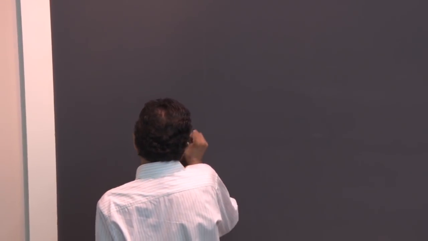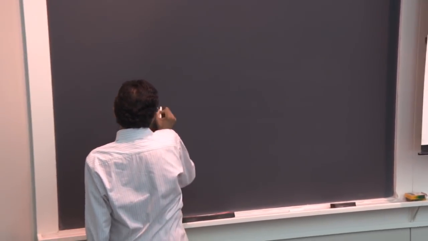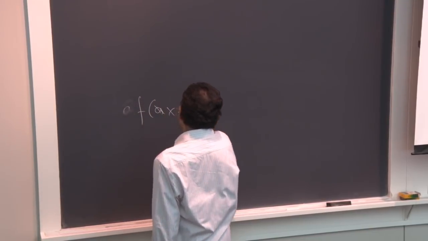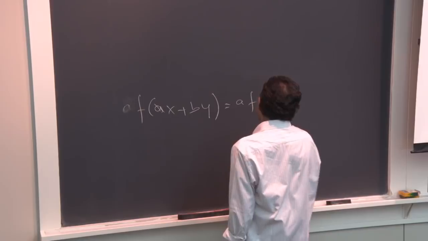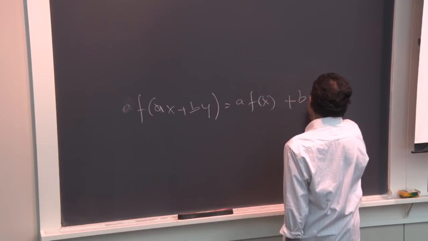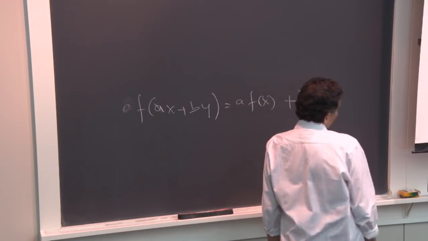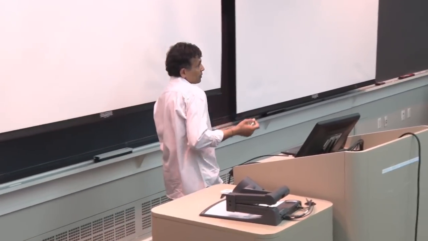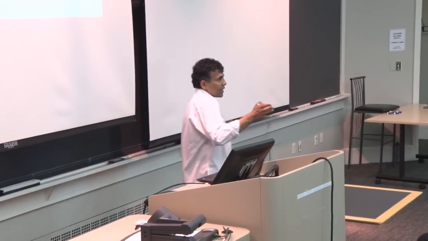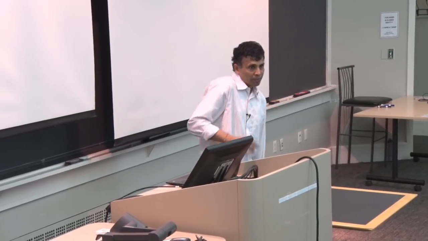f of ax plus by is a times f of x plus b times f of y. And this obviously means that f of 0 must be 0. So this is like a hyperplane that goes through the origin.